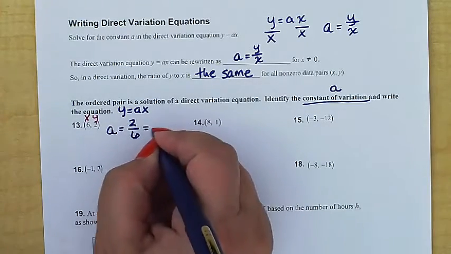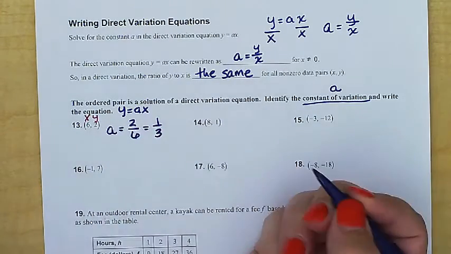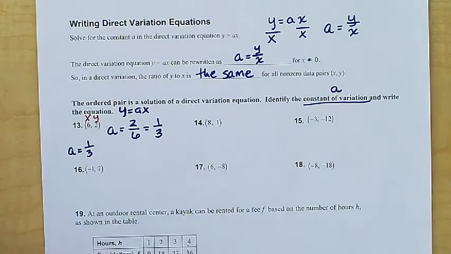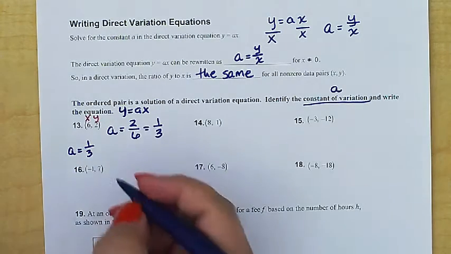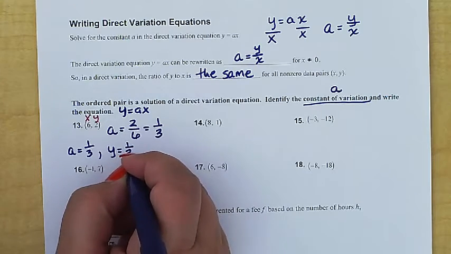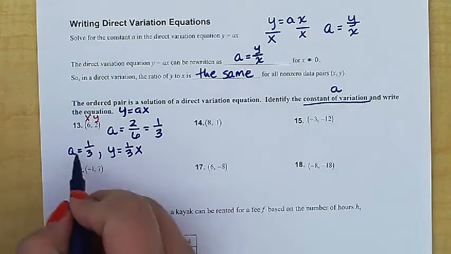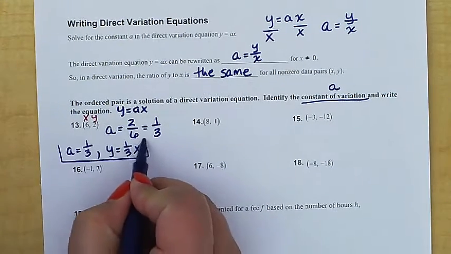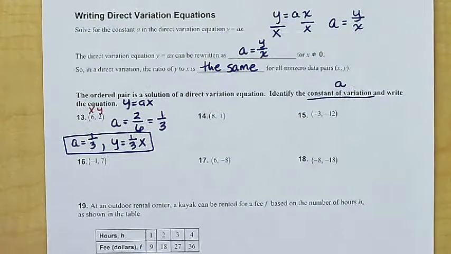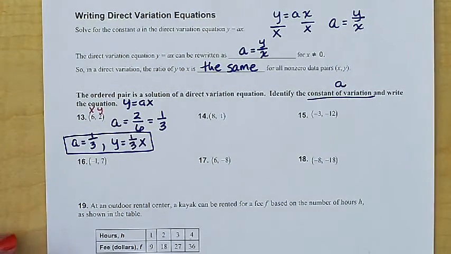Reduce it if necessary. And that's it. So a here in this case is 1/3. That is our constant of variation. And the equation would just be y equals 1/3 x. There it is. Just found out everything I needed or ever wanted to know, all from one single point. How cool is that, right?